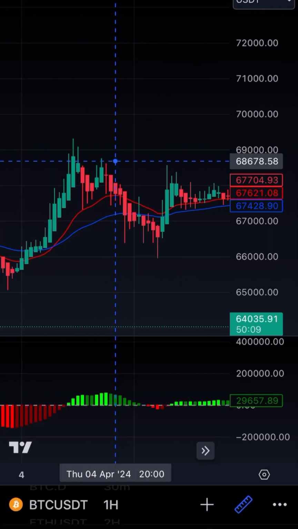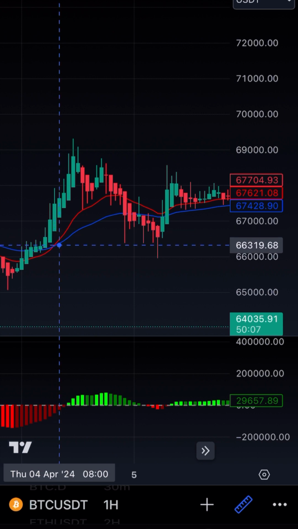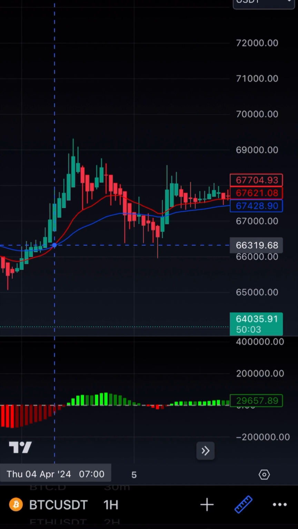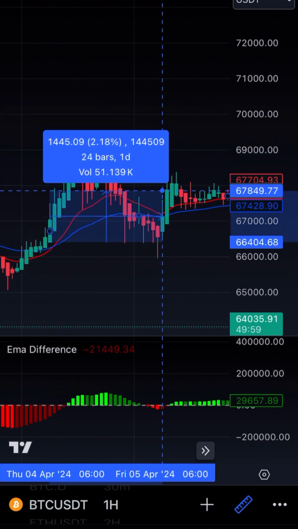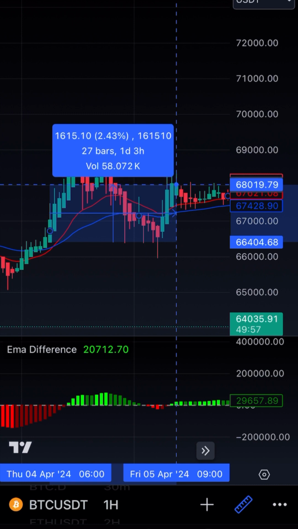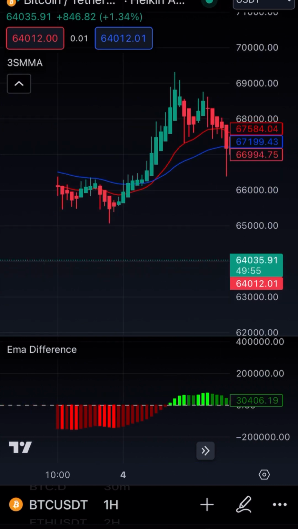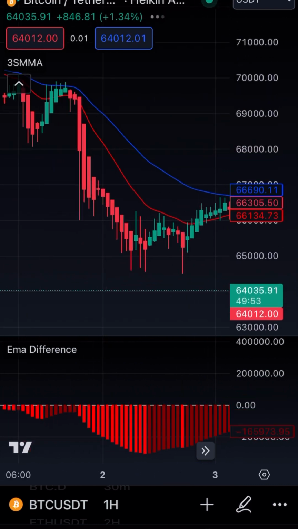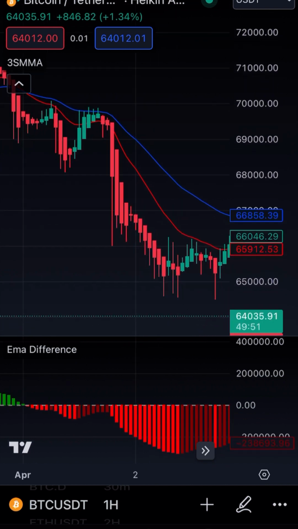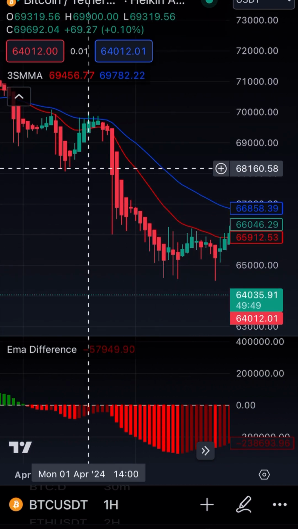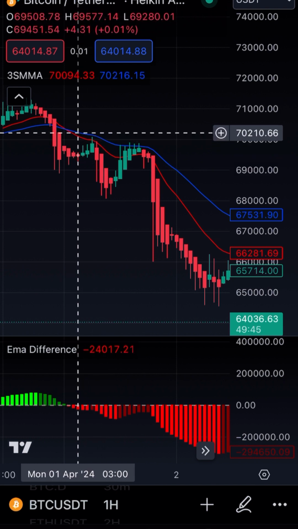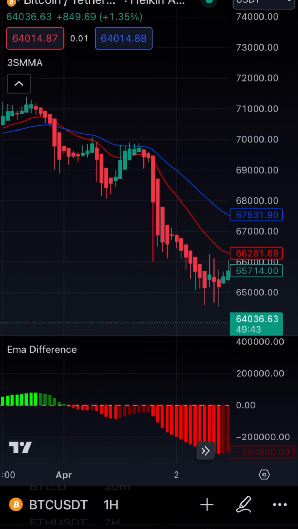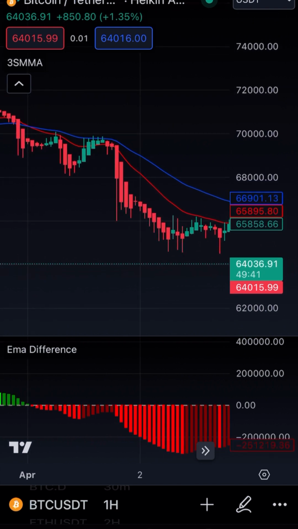A couple more assets. See it crossing here, and we see it pretty close to crossing down here at the same time. So you would come in on this trade. You could ride out to anywhere up here, and you would still be in profit. You see it crossing right here, and then you also see it happening at the same time with the EMA difference.